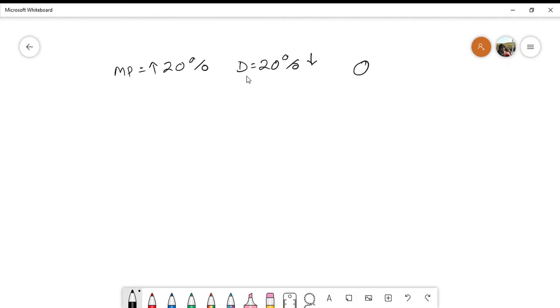No, right? Because again the successive percentage will come into the picture. So we can say that A is 20 and B is minus 20. So this is 20 minus 20 minus 20 into 20 by 100, where the 20 and minus 20 cancel out. So ultimately it is a 4% loss, right?